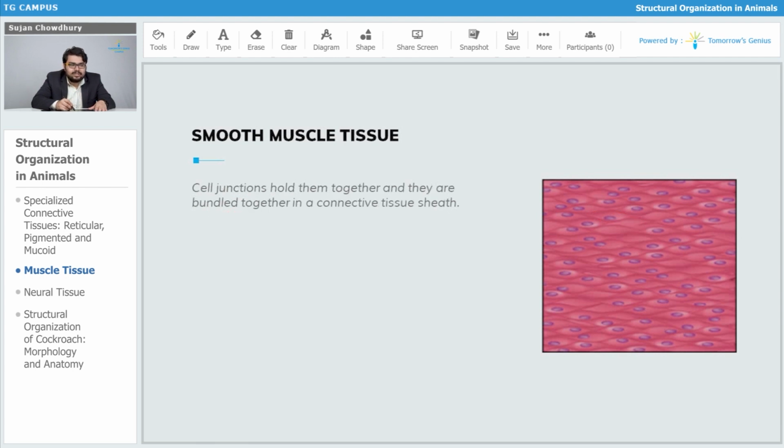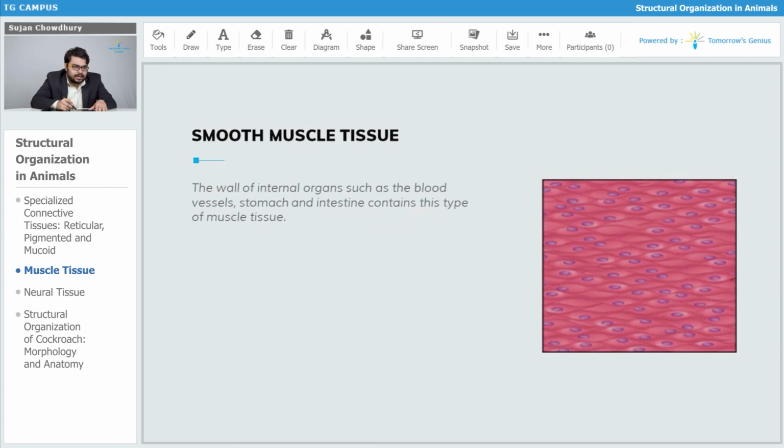Cell junctions hold them together and they are bundled together in a connective tissue sheath. So yes, there is a tissue sheath at the smooth muscle tissue which holds the smooth muscle fibers in place, and also there are cell junctions present between the neighboring cells which are important for the cells to stay at one particular place and carry out their characteristic activity.